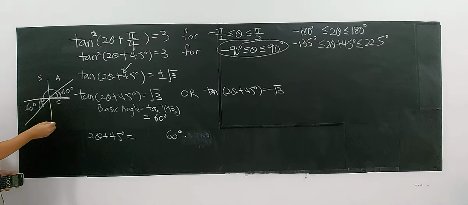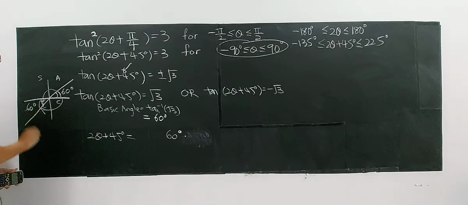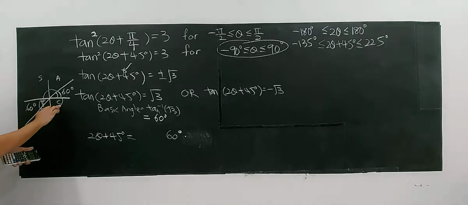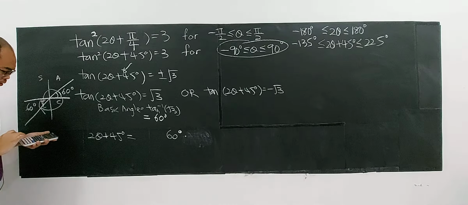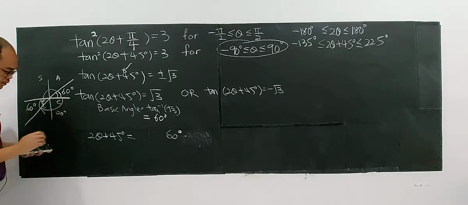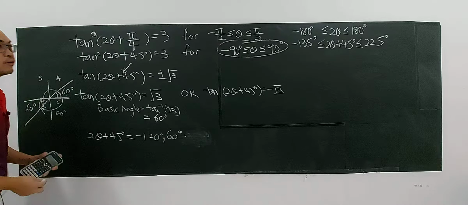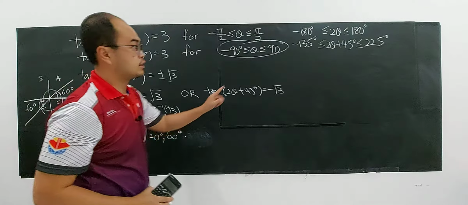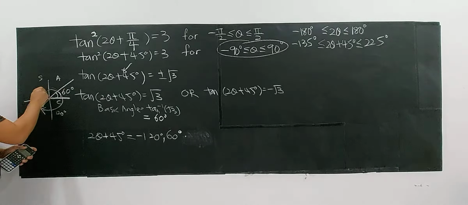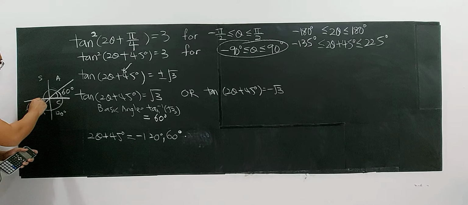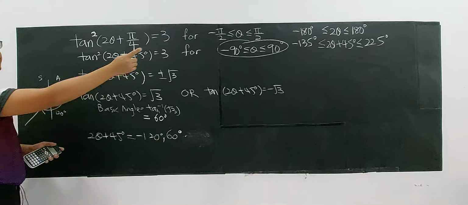Now, how about going in the clockwise direction? This is 60, so 180 degree minus 60 gives 120, which is negative 120 degree. You can accept negative 120 because it is in the range. Again, you cannot go counterclockwise, because 180 plus 60 gives 240, which exceeds the limit.